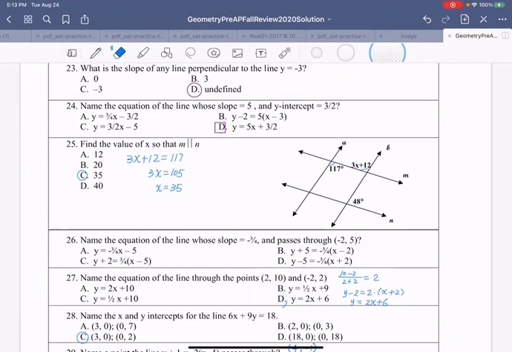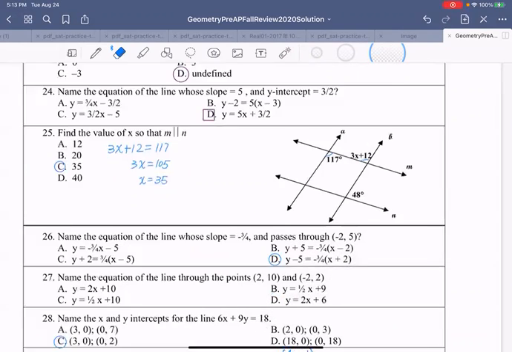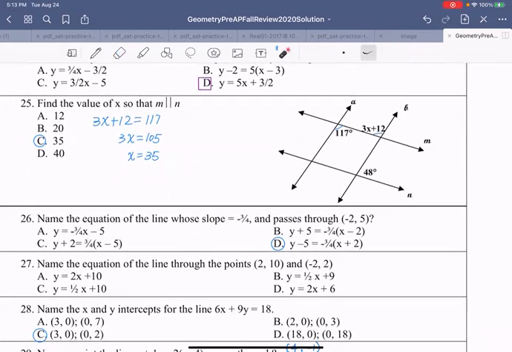Valerio, let's do 27. Name the equation of the line through the points. You need to find the slope first. How do we calculate the slope? So y2 minus y1 over x2 minus x1. Equals? Equals -8 over -4. So that's a slope of 2.